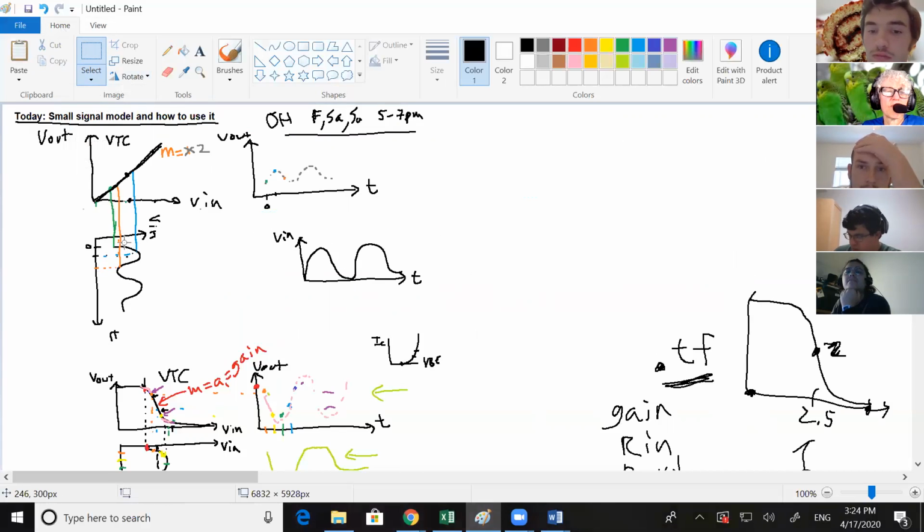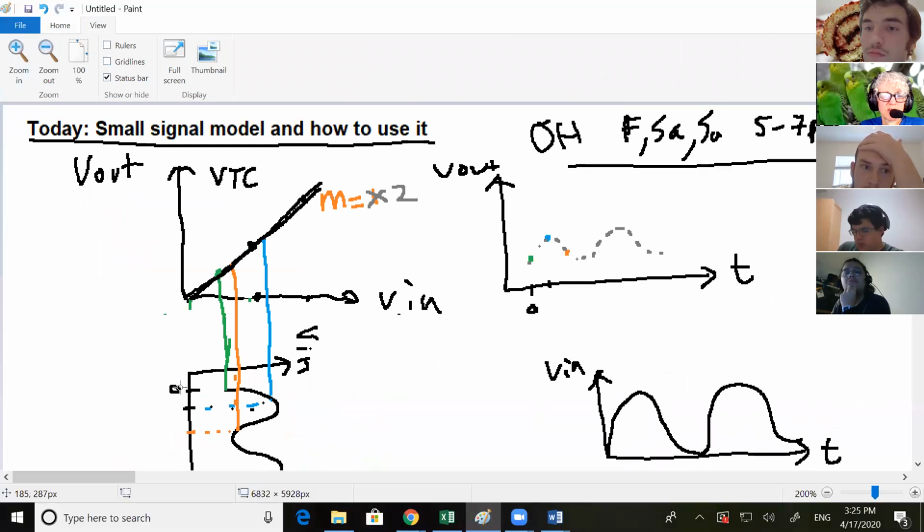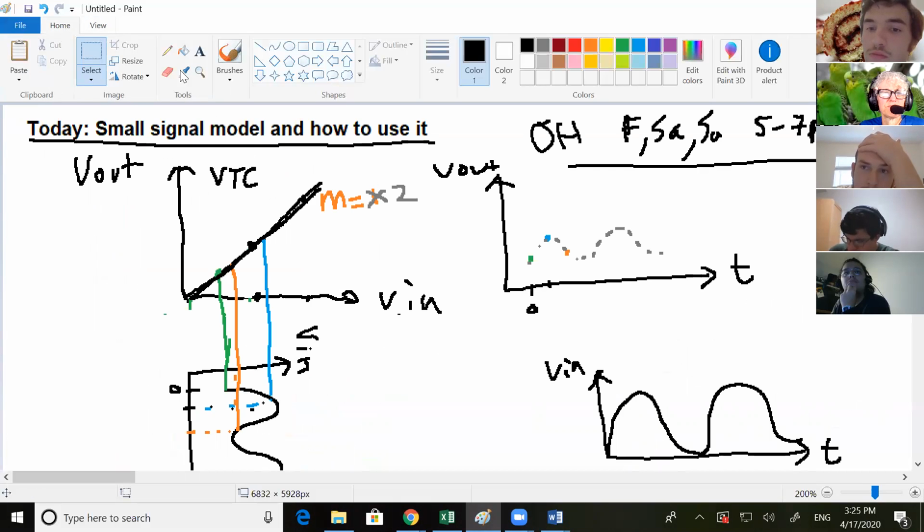Now I can map this input to an output. For example, at time 0, here's my time 0, I have this point right here. I draw that up to the VTC, and where it intersects tells me what my V out is. So at time 0, my V out is that point. Is that okay?